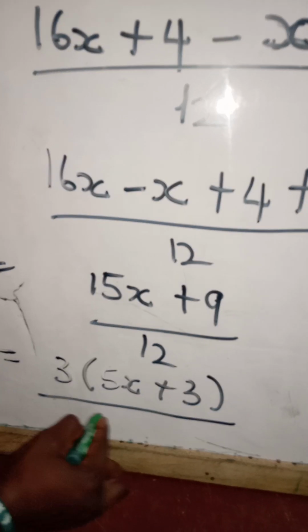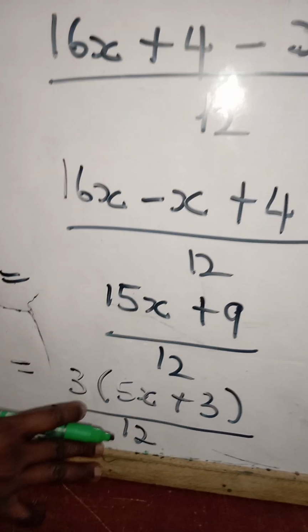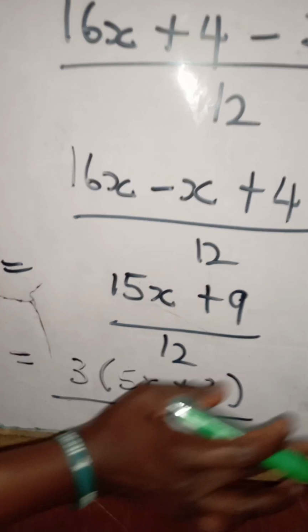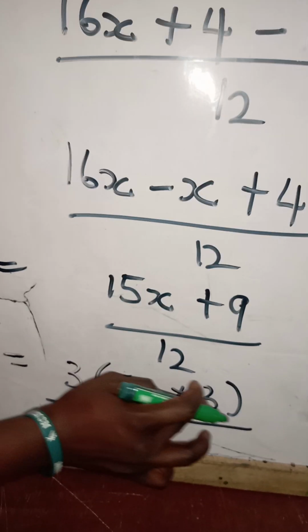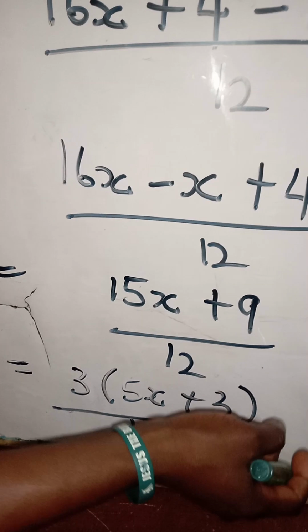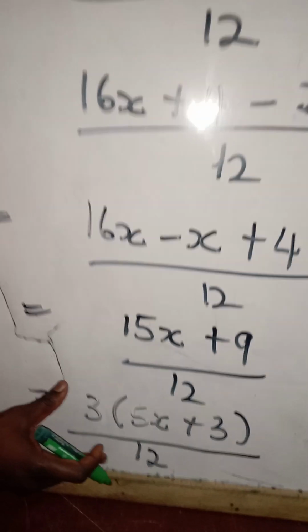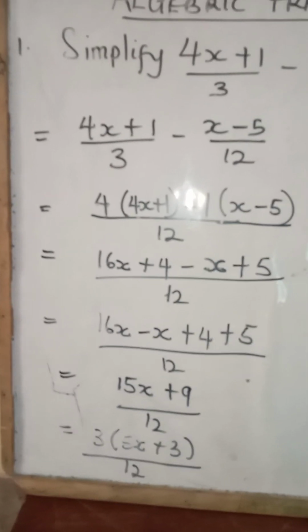At the end of the day, we have factorized 15x plus 9 into 3 open bracket 5x plus 3 close bracket, then divided by our 12. With this, you can now finalize.